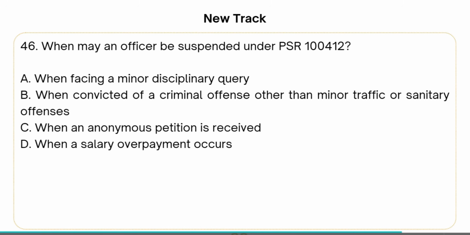Question number 46. When may an officer be suspended under PSR 1004, paragraph 12? A. When facing a minor disciplinary query. B. When convicted of a criminal offence other than minor traffic or sanitary offences. C. When an anonymous petition is received. And D. When a salary overpayment occurs.